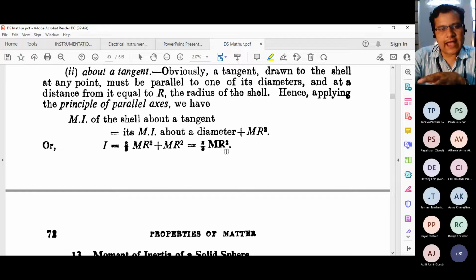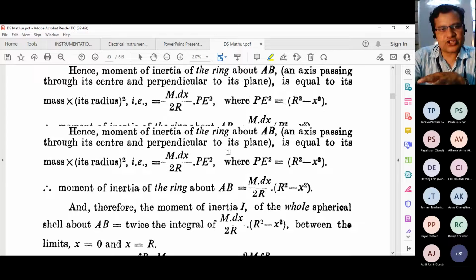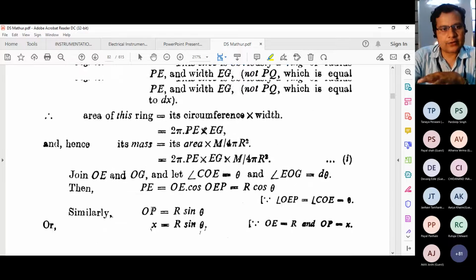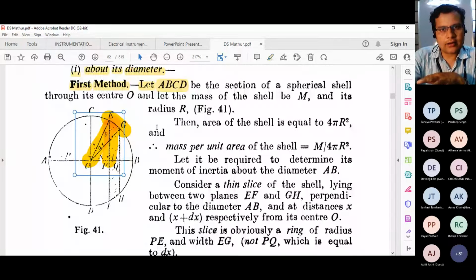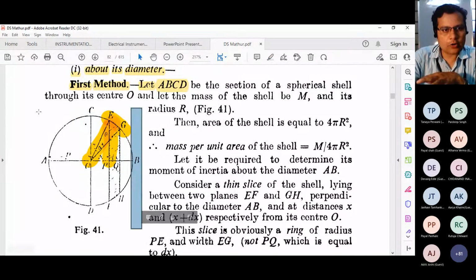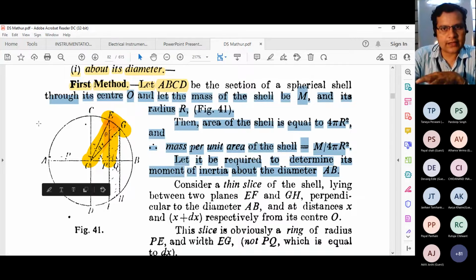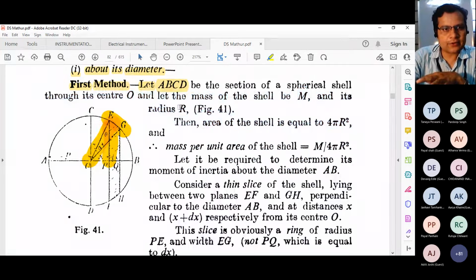So if you want to draw the tangent to any shell, it is like you want to draw this particular tangent over here, like that. So that tangent, if you want to draw it, we need to consider this particular tangent.